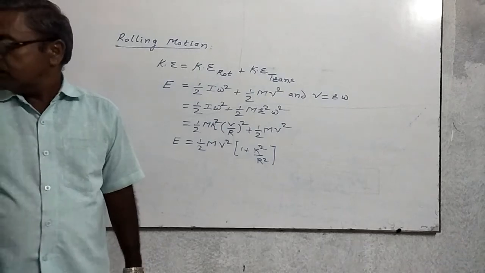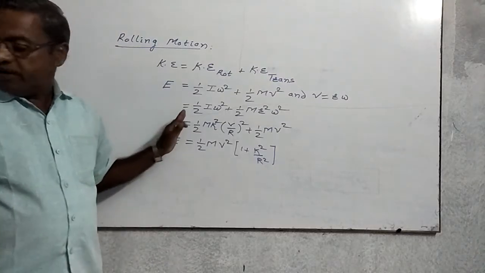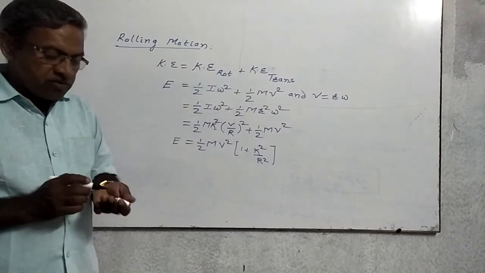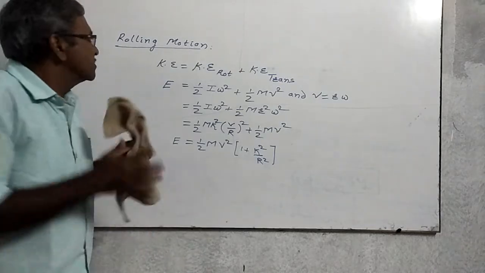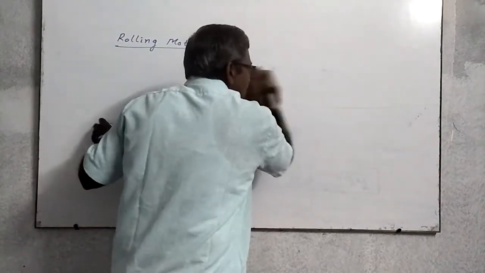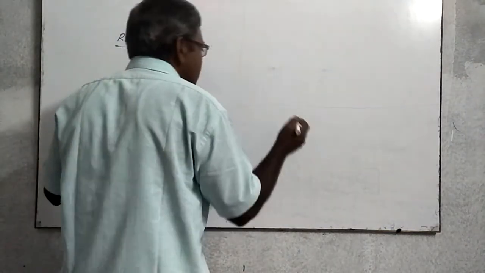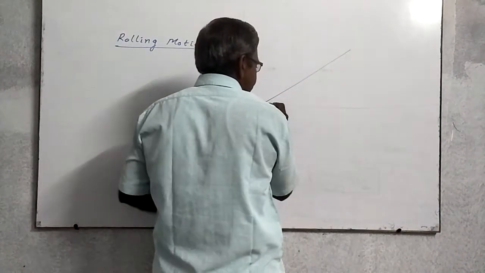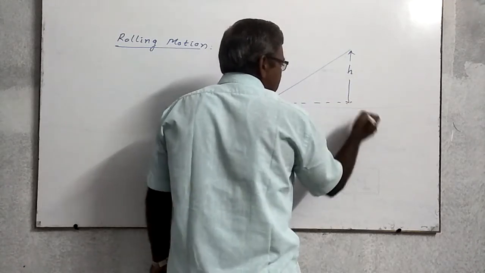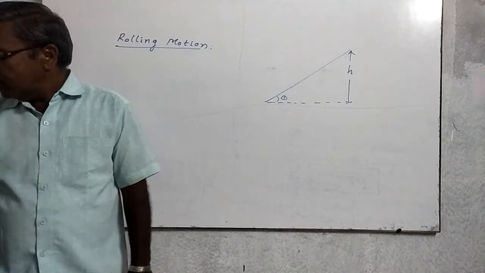Now, the next point we have to explain is the equation for linear velocity and acceleration that we have to find. To show this rolling motion, just see the figure. This will be the slope, with the horizontal direction. Here it is height h from the horizontal, and this plane is inclined through an angle theta.